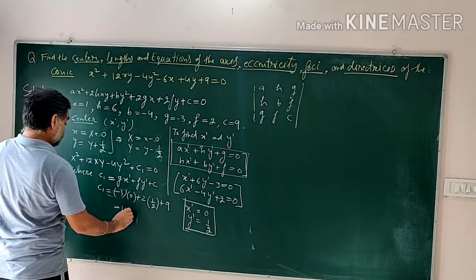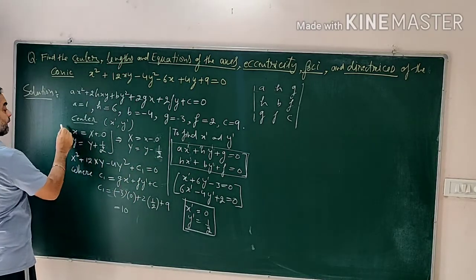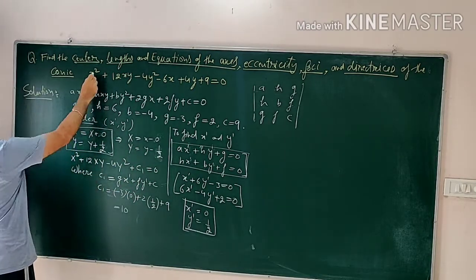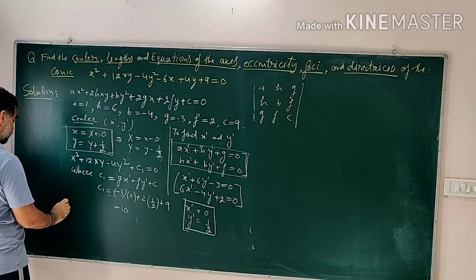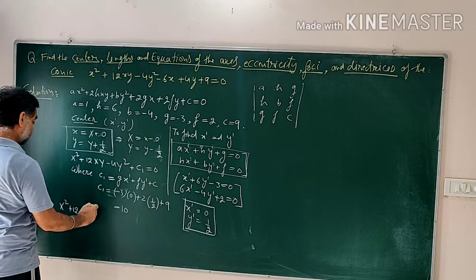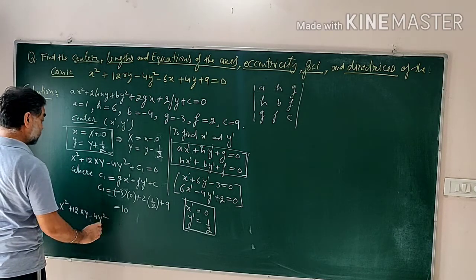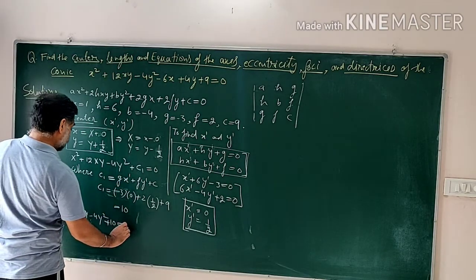This gives you 10. So C1 is 10. So when you apply these transformations, this equation becomes x square plus 12xy minus 4y square plus 10 is equal to 0.